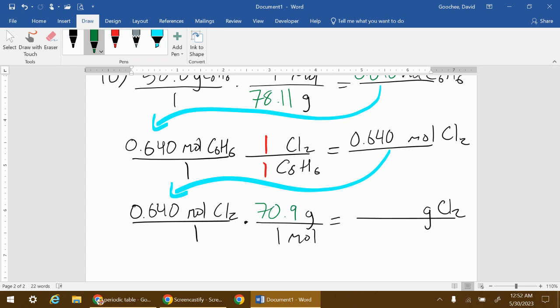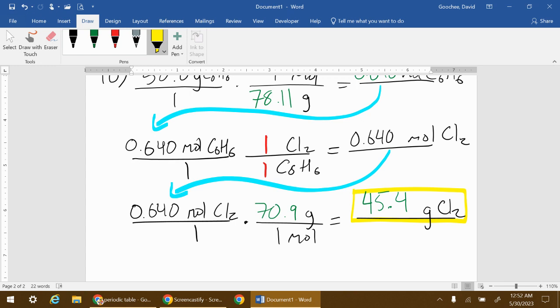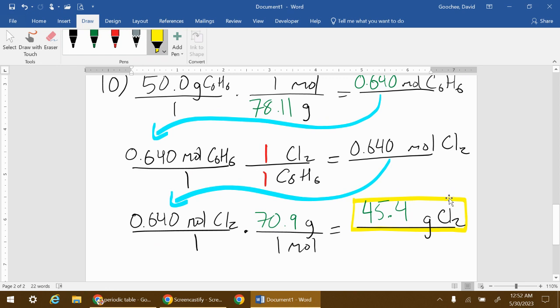So 0.640 times 70.9, and we get 45.4 grams of chlorine must be consumed in order to fully react with 50.0 grams of benzene. Very good. So that's the answer to number 10.